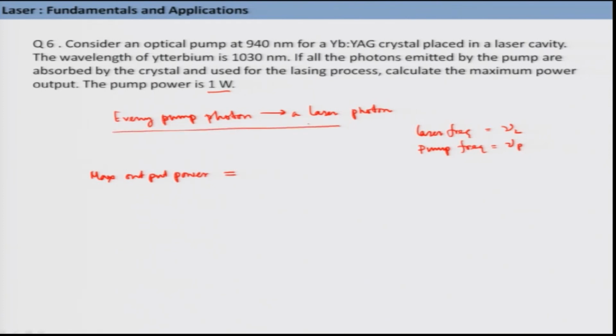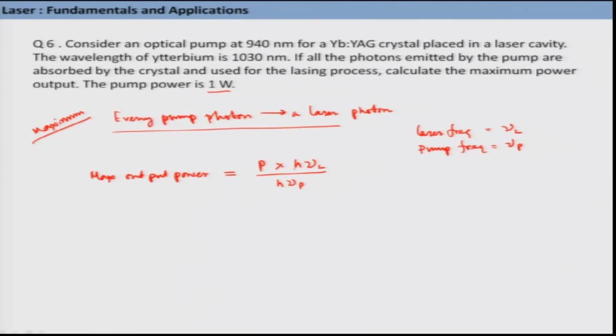Okay, so this is the maximum possible output power. That will be given by the power of the pump multiplied by the energy of the laser divided by the energy of the pump that is used. So here you have been given information about all of them. The only thing is that you need to convert the wavelengths given to frequency.